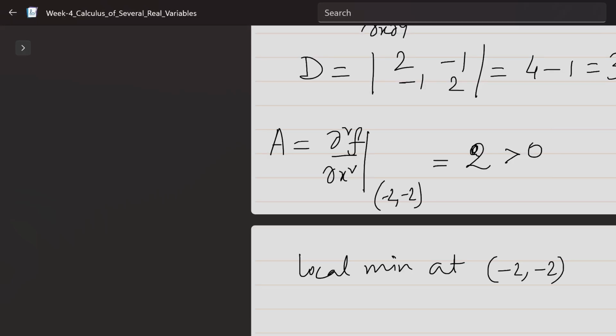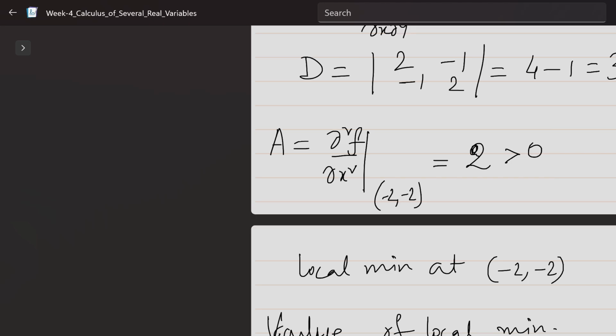So what is the value? Value of local minimum is equal to f of minus 2 comma minus 2, right? So I have to put x equals minus 2 and y equals minus 2. Minus 11.